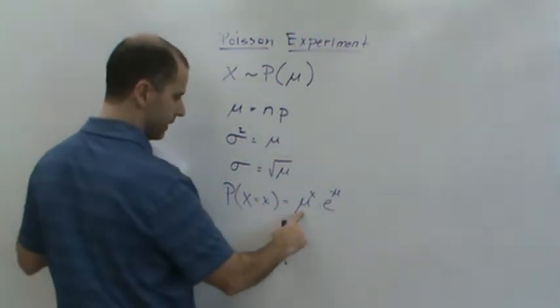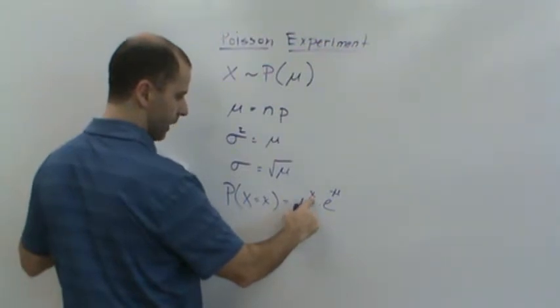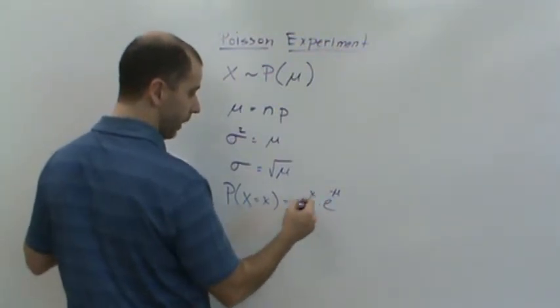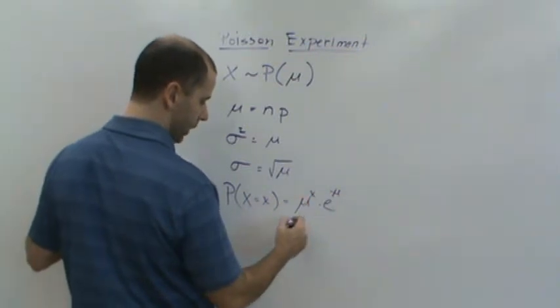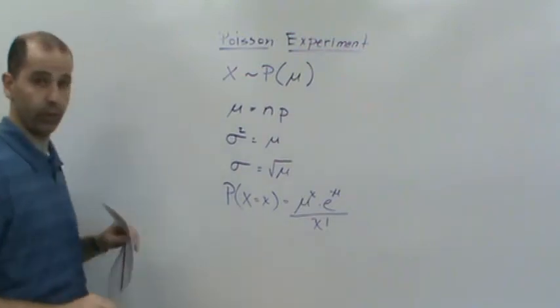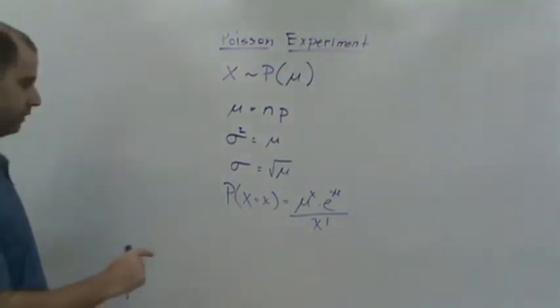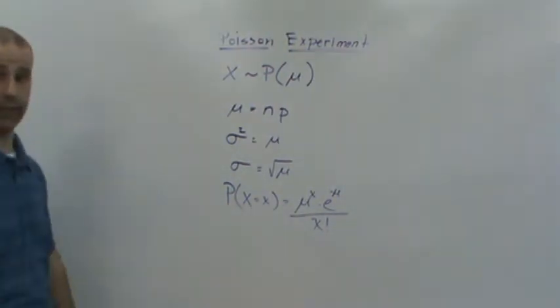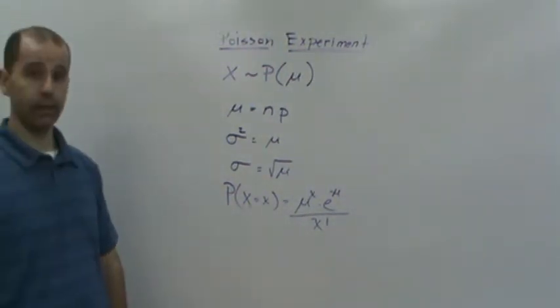Okay, so you take the average, raise it to the x power, you multiply it by e raised to the negative average, and then you divide by x factorial. And that's going to give you this probability.